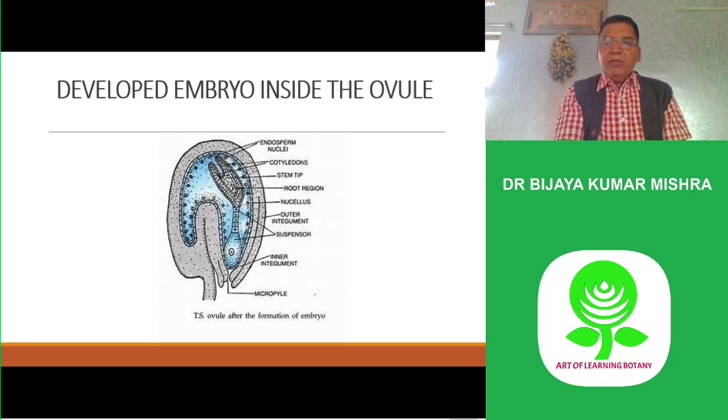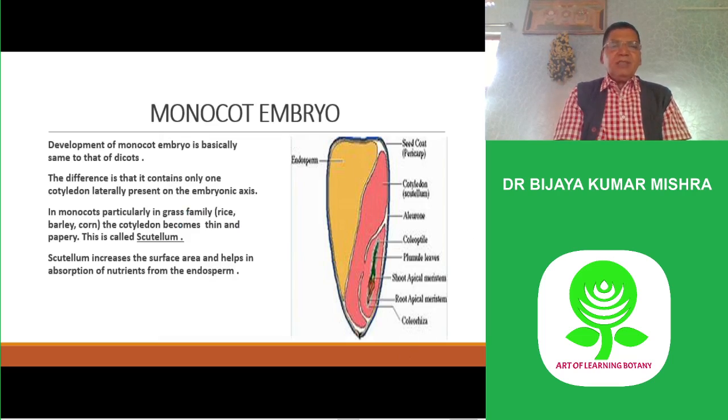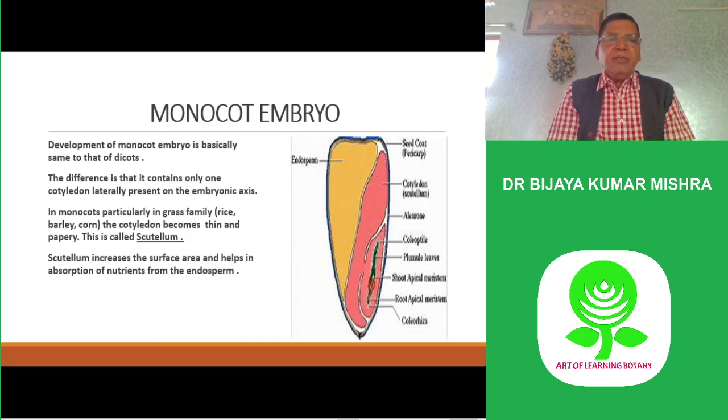Now coming to the monocot embryo. The monocot embryo is very similar to the dicot embryo. It is a corn seed. Here you find the major part is the endosperm, and this big pink part is called the scutellum. It is actually the cotyledon, a papery cotyledon in monocots called the scutellum.